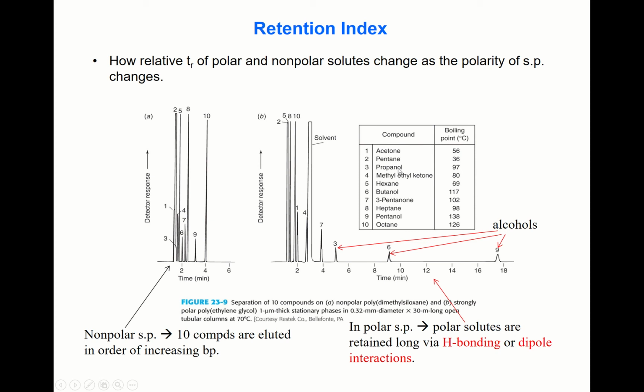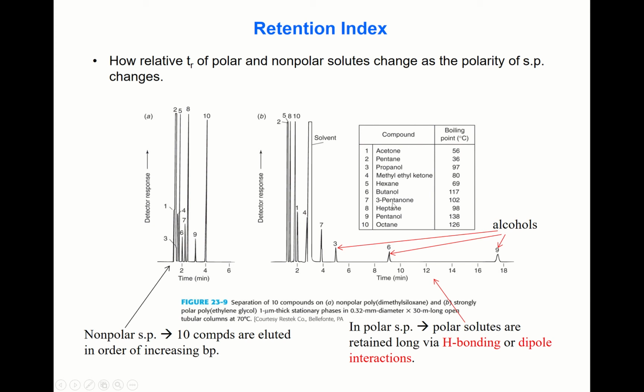Compound 4 is methyl ethyl ketone. Ketone is kind of polar, but not as polar as propanol. Five is hexane, which is completely non-polar. Six is butanol, a polar molecule.